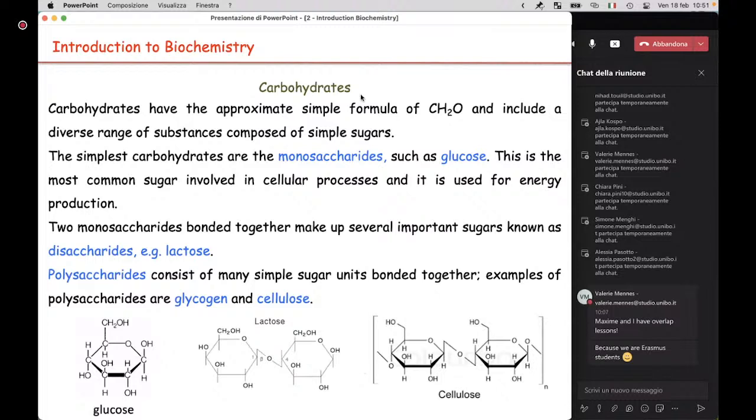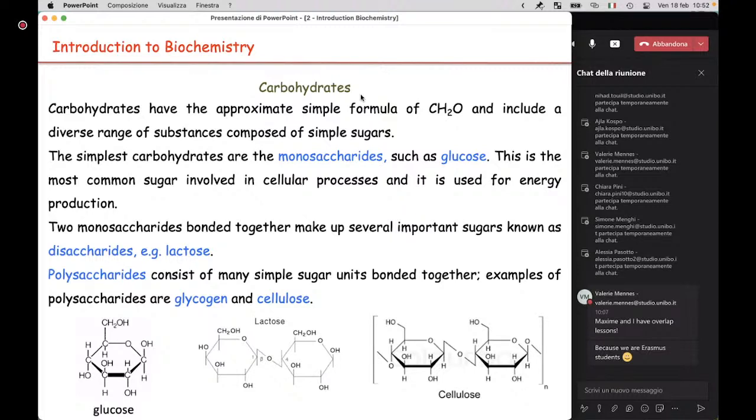As you have seen, proteins are very complicated, big molecules with a lot of different properties and functions within living beings. Now we see another kind of very important molecules, carbohydrates.